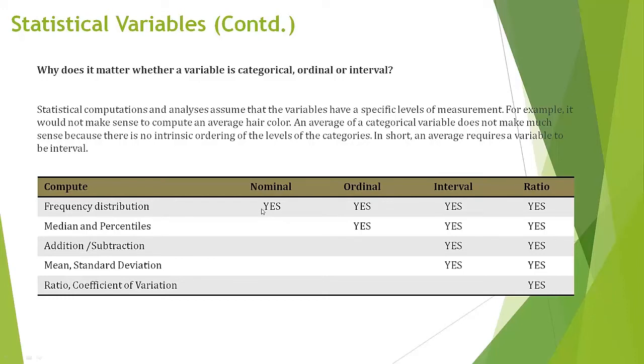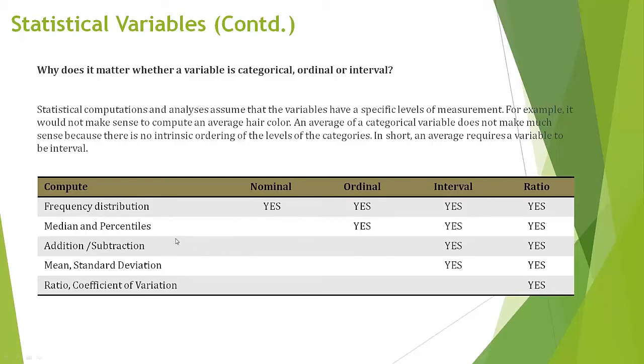Suppose in a sample there are 10 people with different colors. You can say black hair is 3, gray hair is 2, brunette is 1, and something like that. Frequency distribution you can do on ordinal and other variables also. Median and percentiles, all these things you cannot do on a nominal.